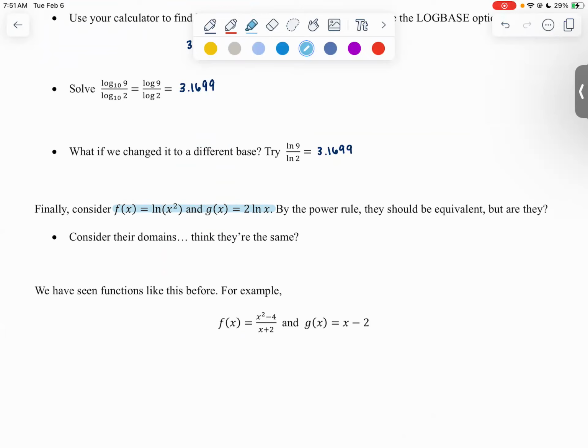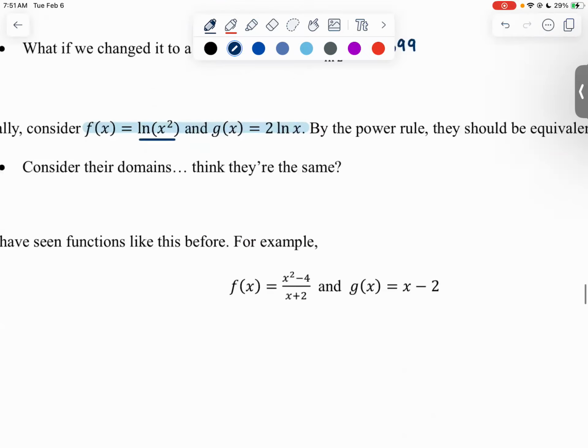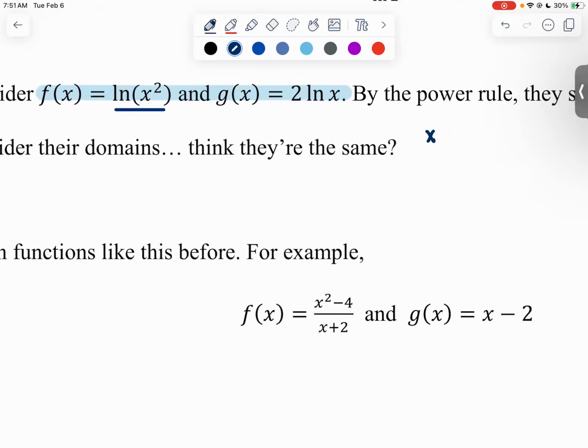However, it turns out they're not quite the same, because if we remember about logs, we cannot take the log of a negative number or of 0. In this case, ln of x squared would force x squared to be bigger than 0, which means that it appears x would have to be greater than 0.